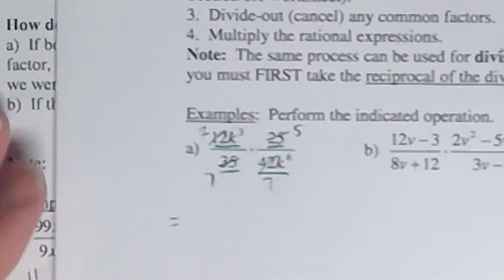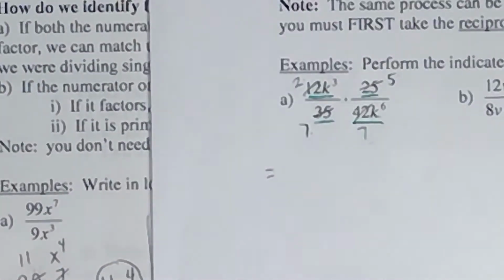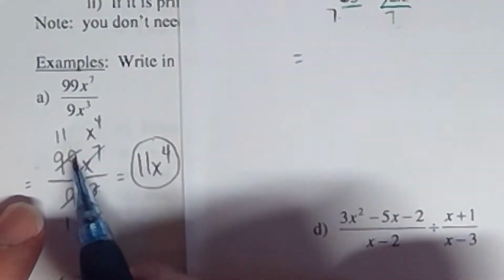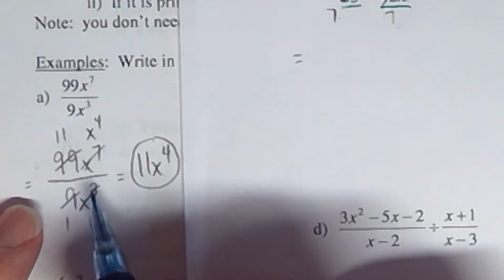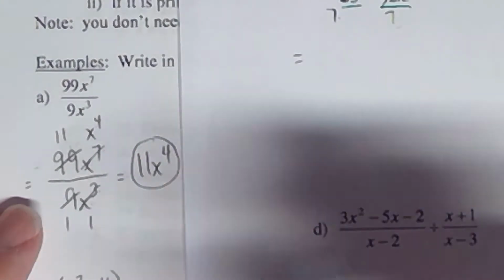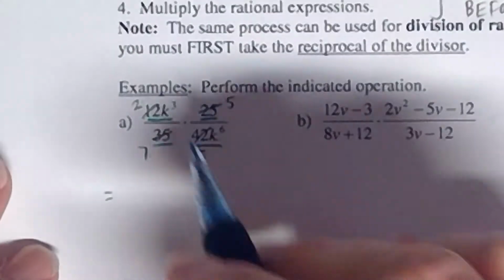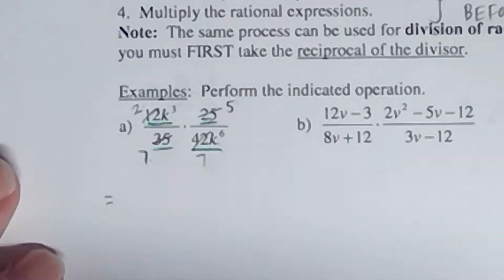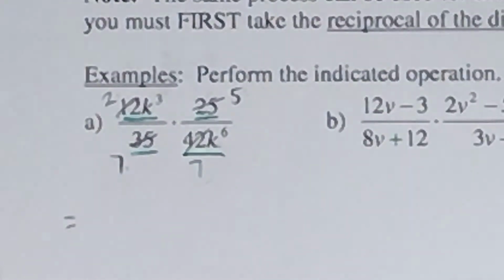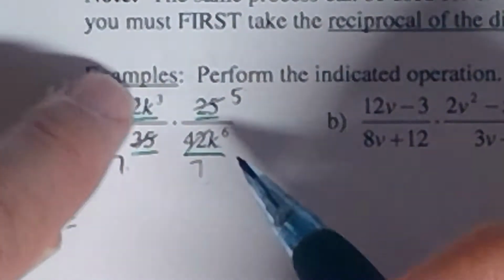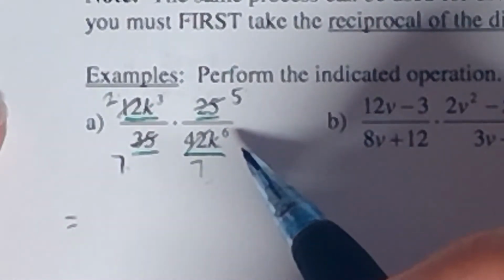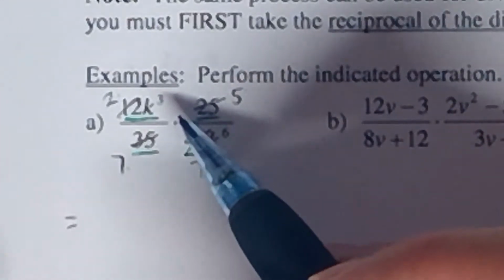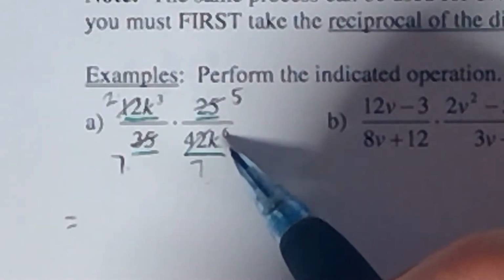Now, what did we do in the last section when we had single terms on the top and bottom? Once you do the coefficients, you then do the variables if the variables are the same letter. And they are here, K and K, so that means that we can do what? I can take the 3 and the 6, and I pick the smallest exponent, which is 3, and I subtract 3 from both of those.